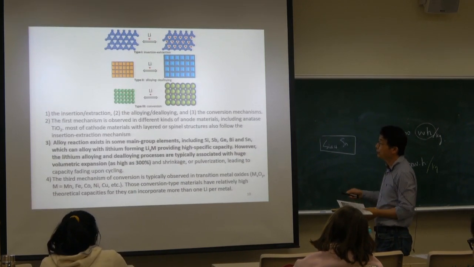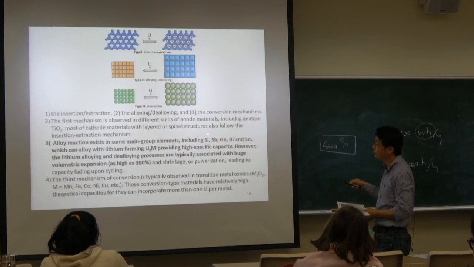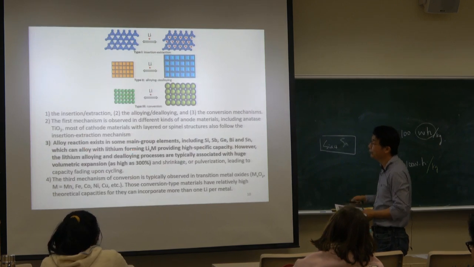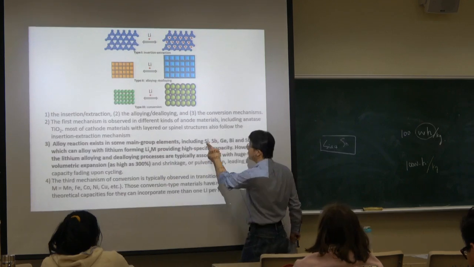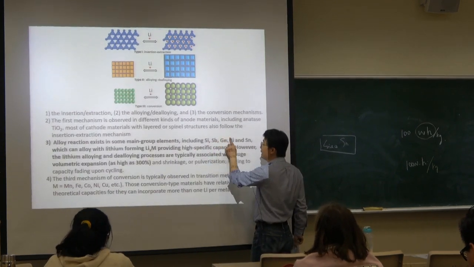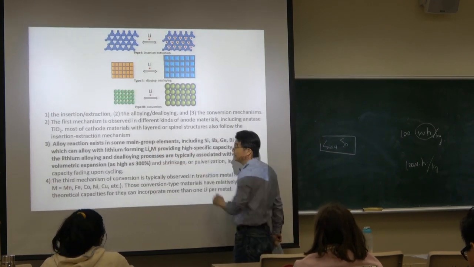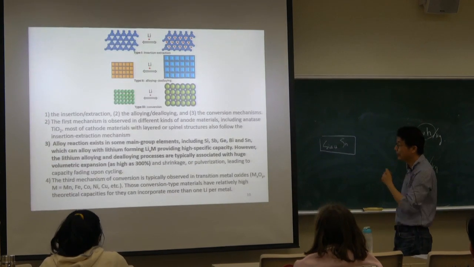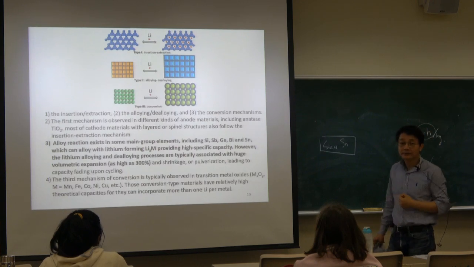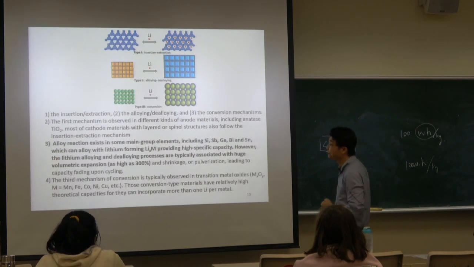So we call this metal, all of them looking like a metal, which can alloy with lithium to form LixM. This M is silicon, antimony, germanium, bismuth, and so on. LixM again provides high specific capacity.